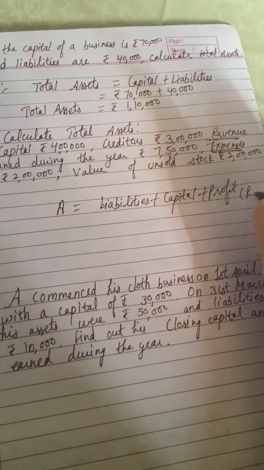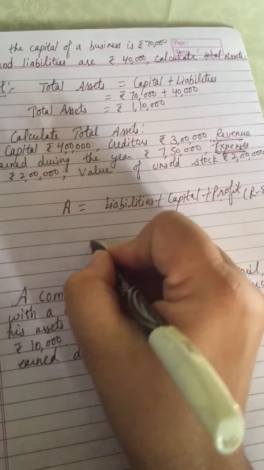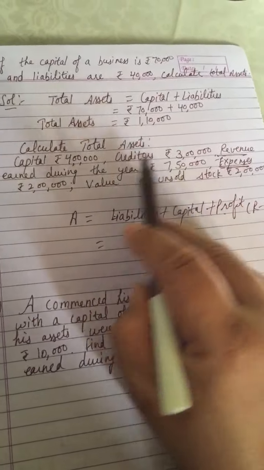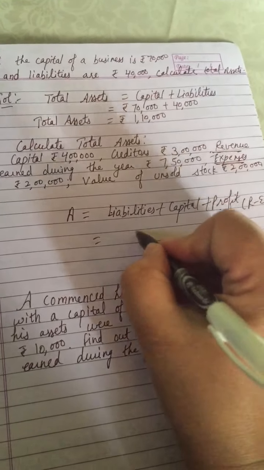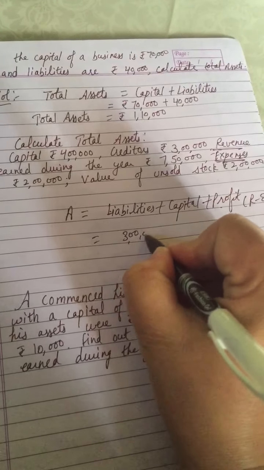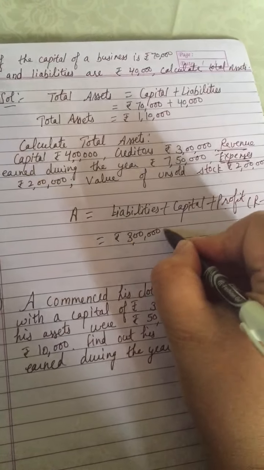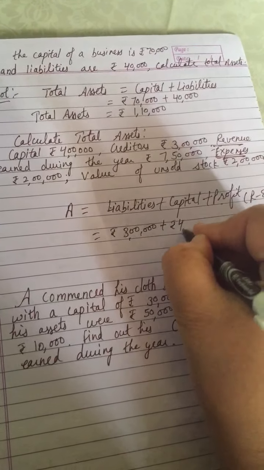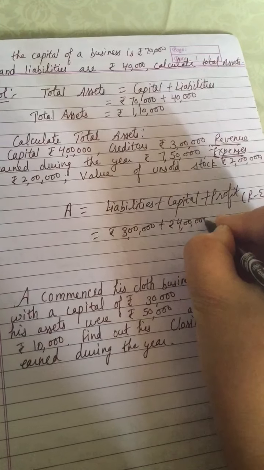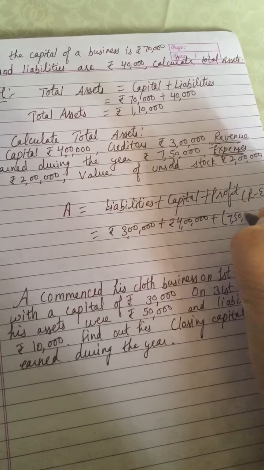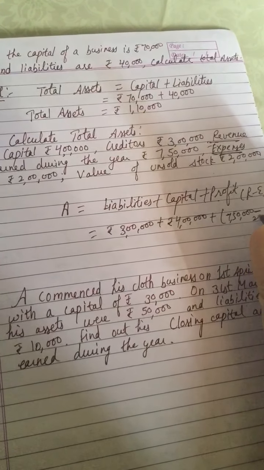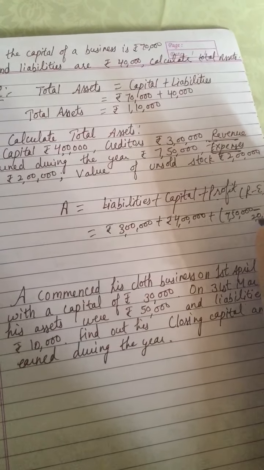Profit is revenue minus expenses. Liabilities of the business are 3 lakh rupees, that is the creditors of the business, plus capital 4 lakh, and profit means revenue of the business 7,50,000 minus expenses rupees 2 lakh.